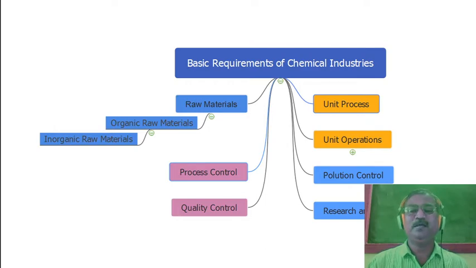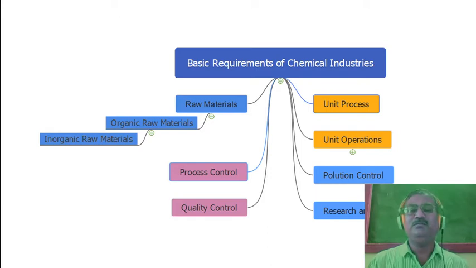Whenever we have to run any chemical plant or industry, two types of raw materials are essential. One is the organic raw materials and another one is the inorganic raw materials. These raw materials may be available either from another small scale industry or from natural resources, right?